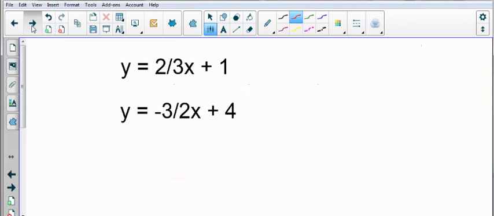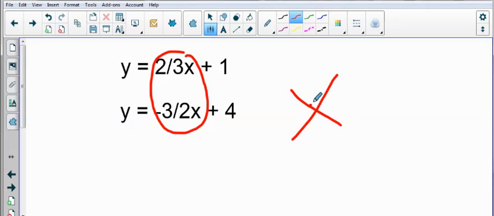Let's look at this situation right here. Here's an example. 2/3, the flip opposite of 2/3 is -3/2. I know, since these are flip opposites, that these lines are perpendicular, meaning that they cross at right angles, and there's only one solution. I could just tell quickly by looking.